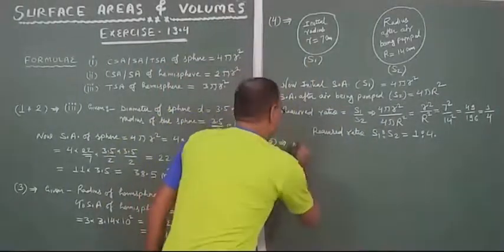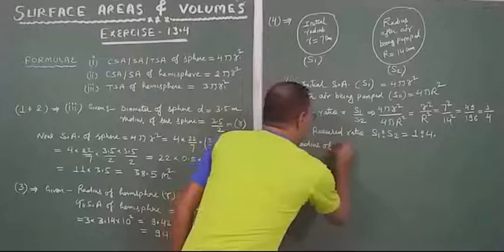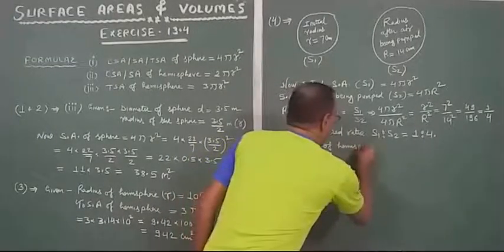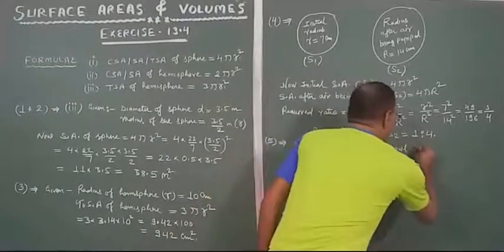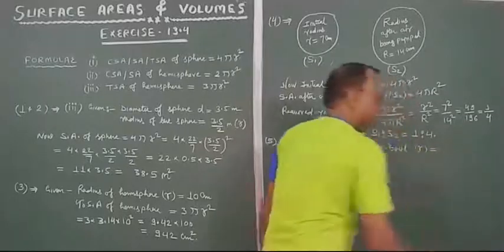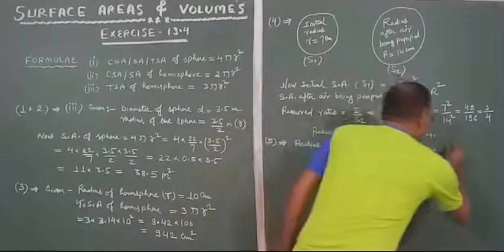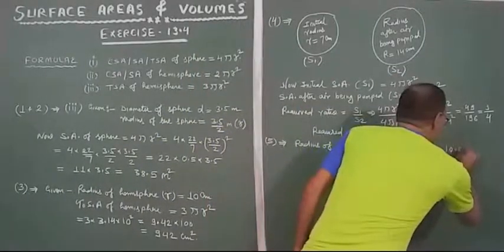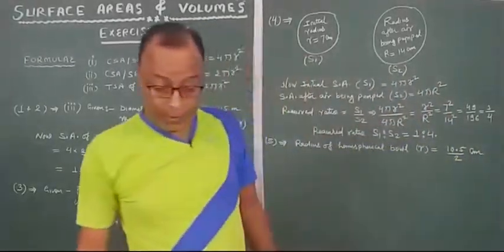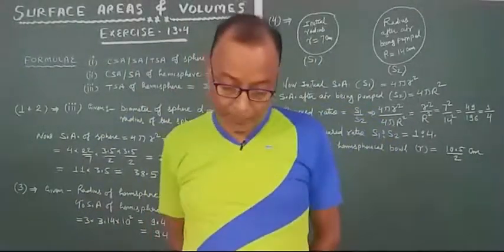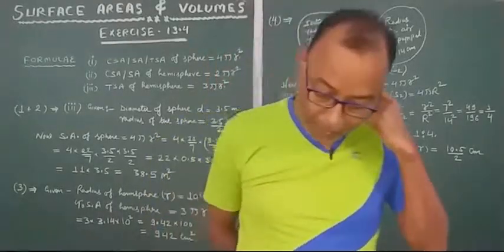Therefore, the radius of the hemispherical bowl will be half of the diameter, and the diameter was given 10.5 centimeter, so this will become 10.5 upon 2 centimeter.